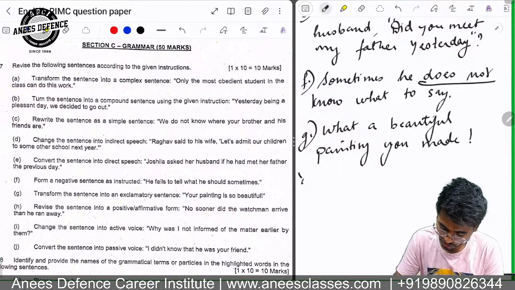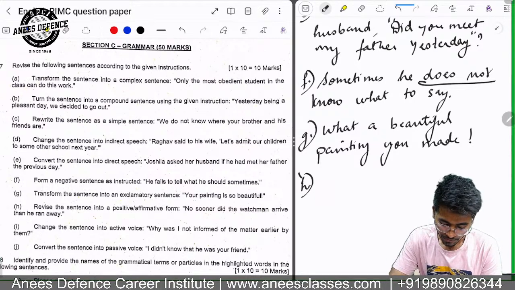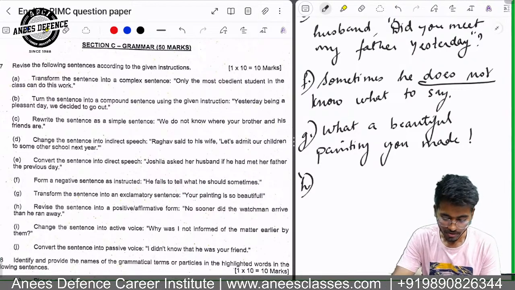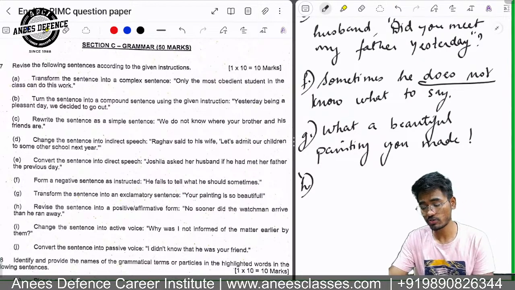G. H. Revise the sentence into a positive affirmative form. No sooner did the watchman arrive than he ran away. Affirmative means what? It means positive.